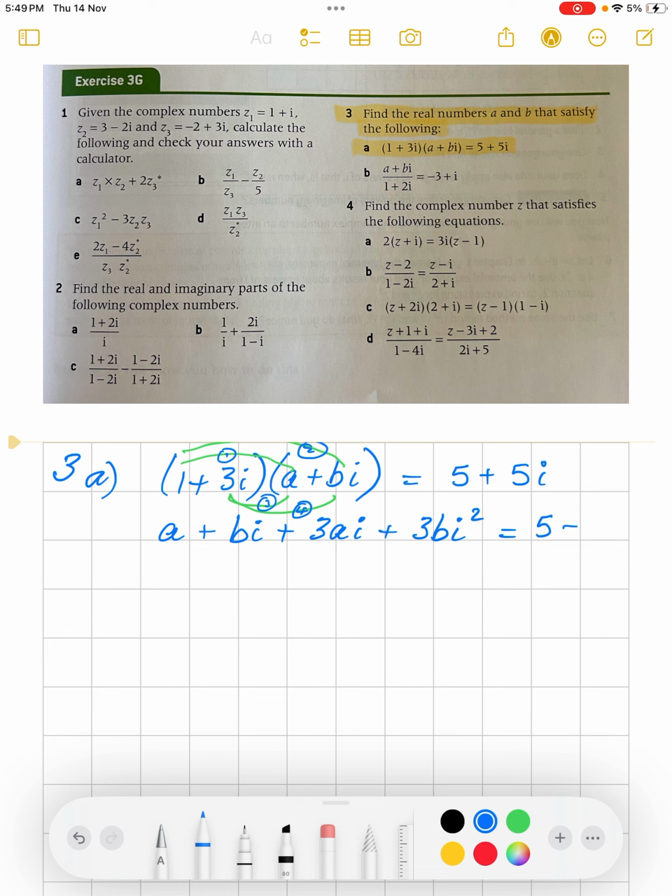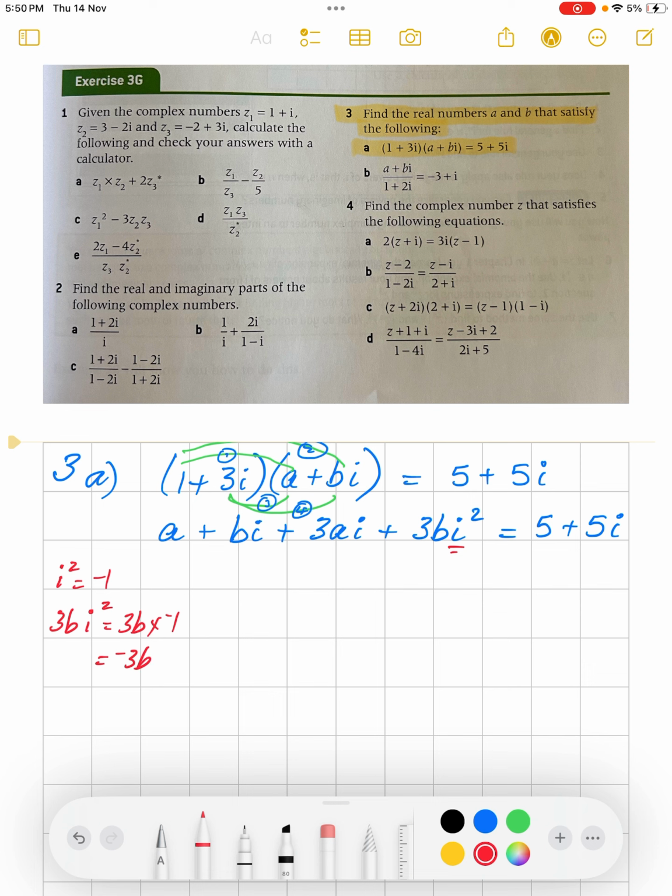Now we've still got 5 plus 5i over here. And make a note here that i squared is negative 1. So 3Bi squared is 3B times negative 1, which is negative 3B.